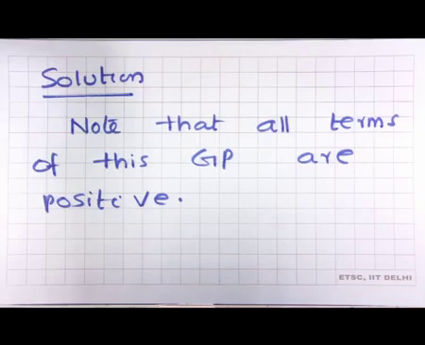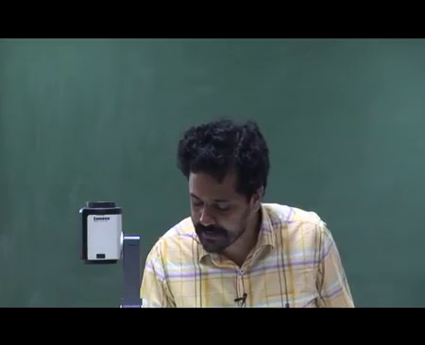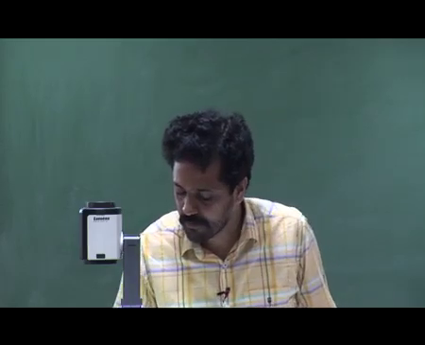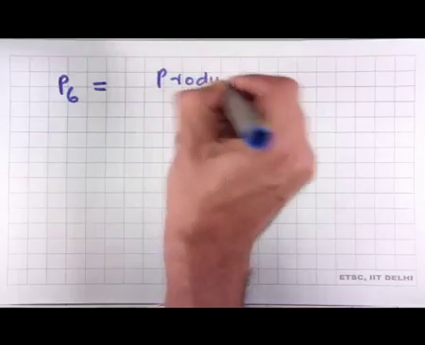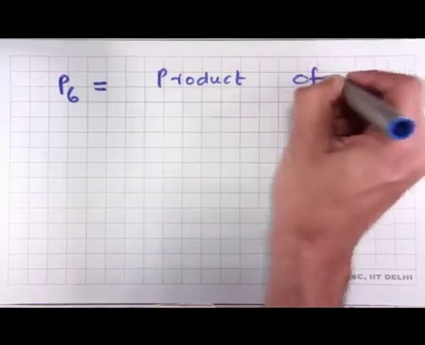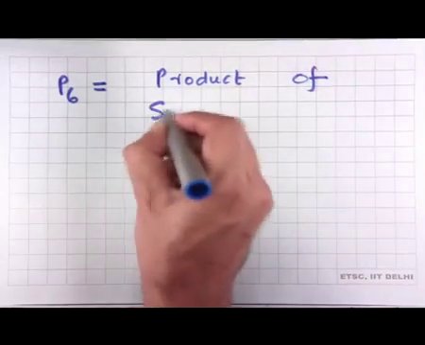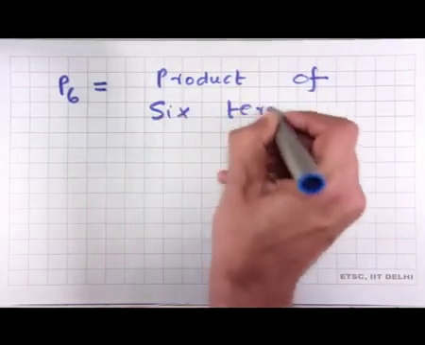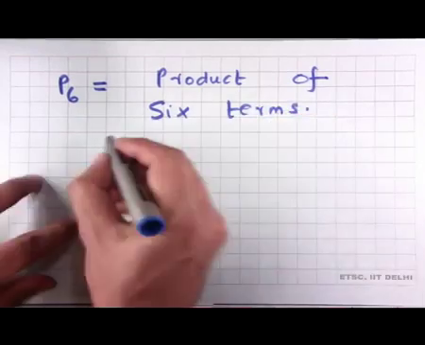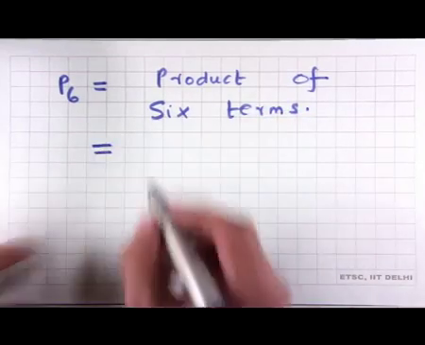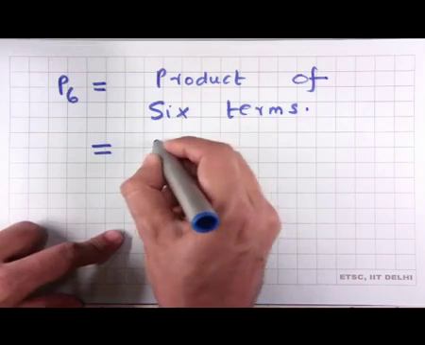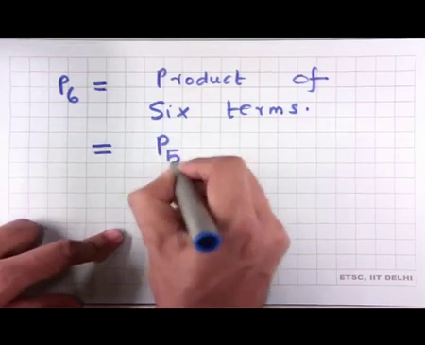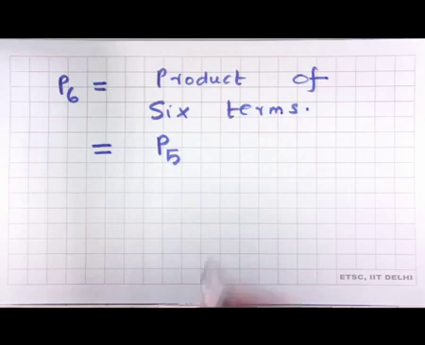Given Pn denotes the product of n terms, therefore P6 is equal to the product of the first 6 terms, which is equal to P5, the product of the first 5 terms, into the 6th term.